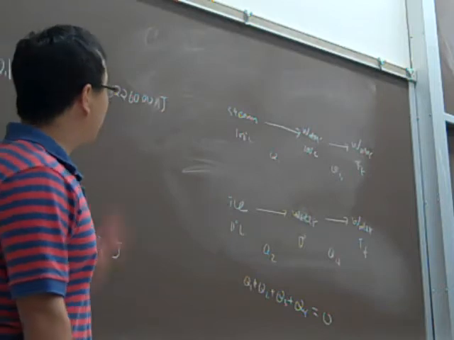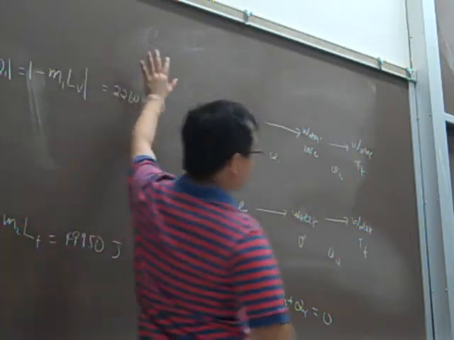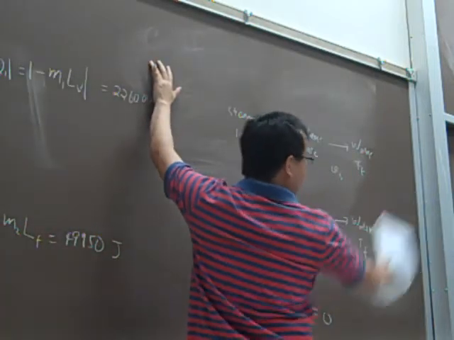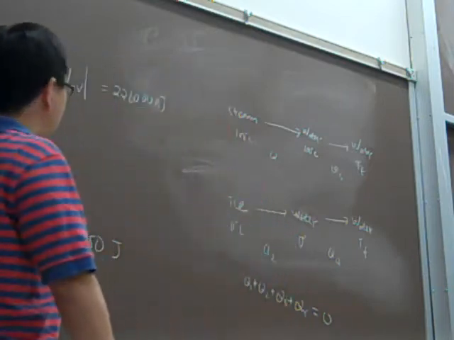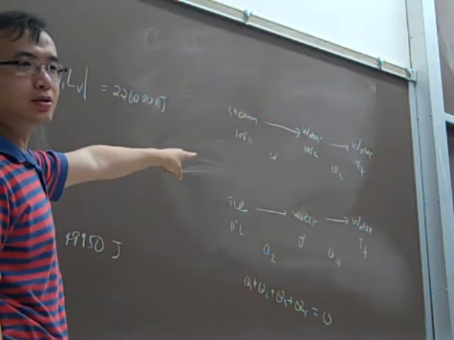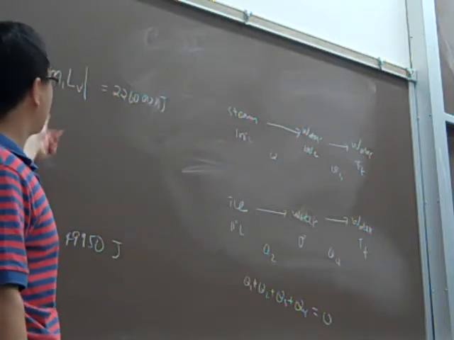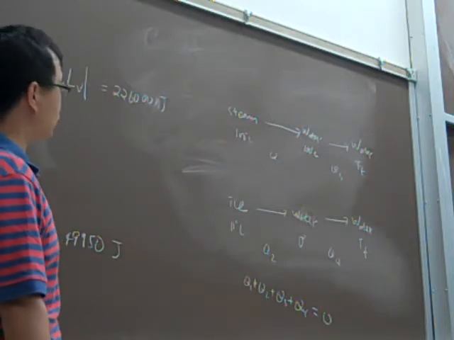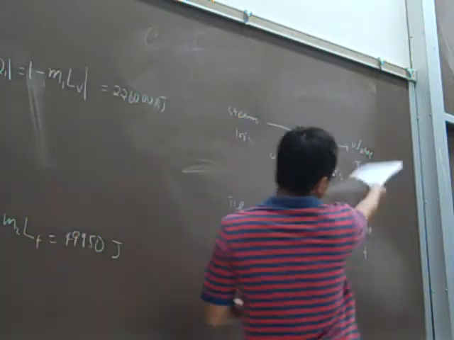Okay? And the problem here, if you look at this part, similar to that one, but there is something you have to make sure of. This is what happens, not another way. So you have to do that calculation to make sure finally all of them will go to water.